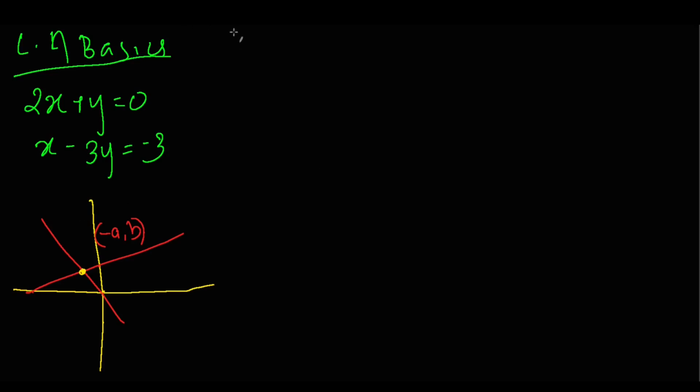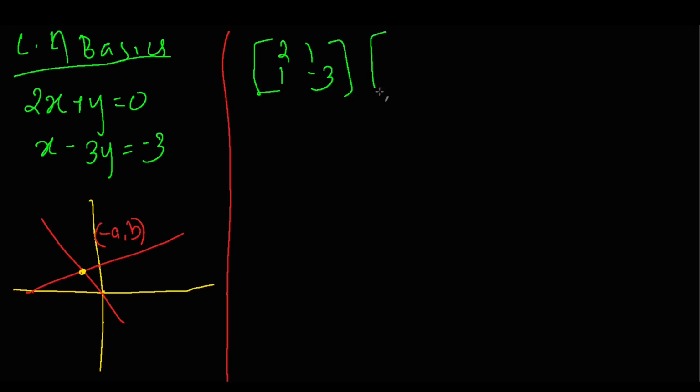In linear algebra, we look at this from a different perspective. So we first write these equations in terms of matrices. So there is [2, 1] and [1, -3], and the other one is [x, y], is equal to [0, -3].